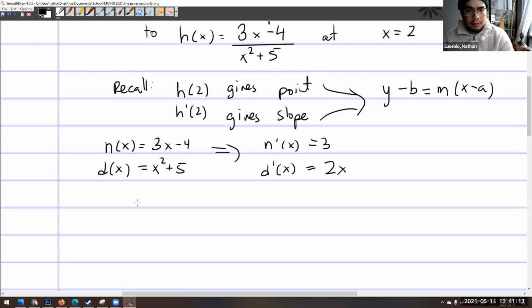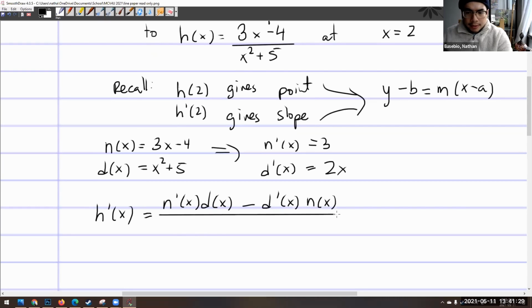So let me rewrite what the quotient rule is. h prime of x is numerator prime times denominator minus denominator prime times numerator, everything divided by the square of my denominator.